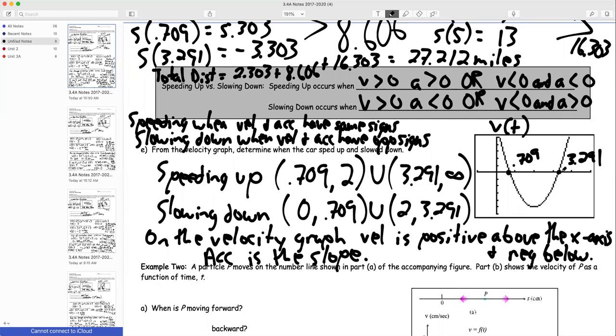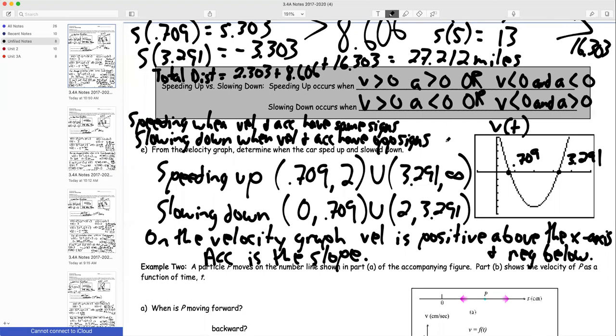Therefore, the velocity is negative. However, my acceleration is positive because it has a positive slope. So they have opposite signs. Therefore, it is slowing down. But here, from 3.291 to infinity, velocity is positive above the x-axis. It also has a positive slope, same signs, therefore it's speeding up. Okay?